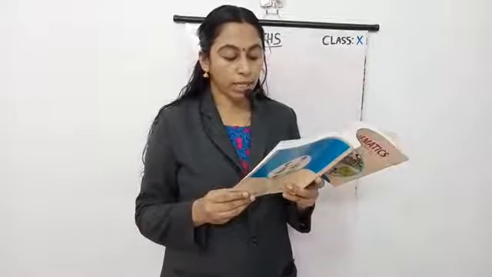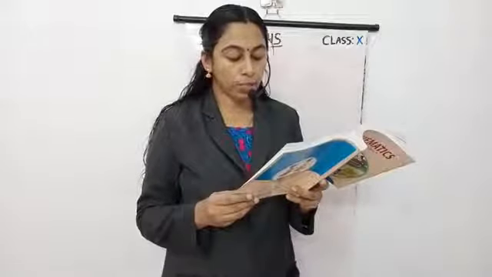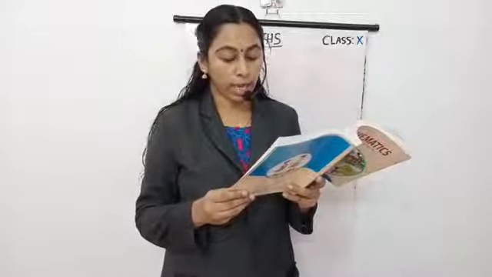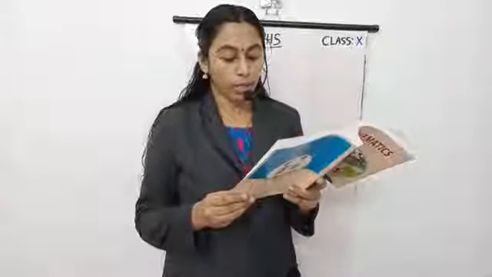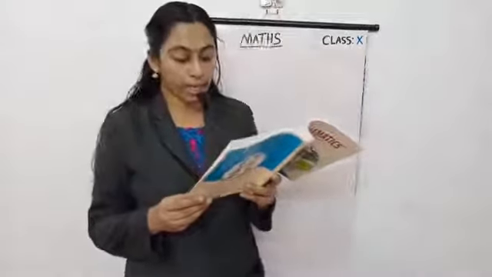Now question 2. In figure 10.11, if TP and TQ are the two tangents to a circle with center O, so that angle POQ equals 110 degrees, then angle PTQ is equal to option A 60 degrees, option B 70 degrees, option C 80 degrees and option D 90 degrees.